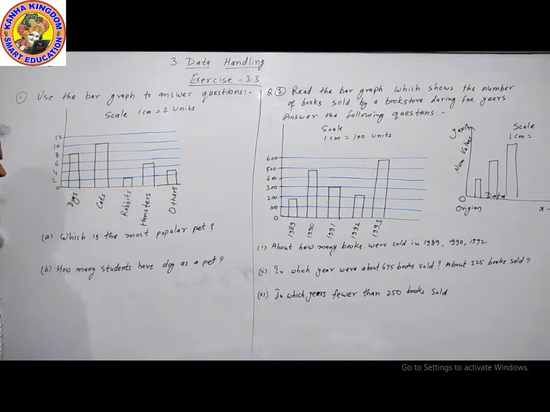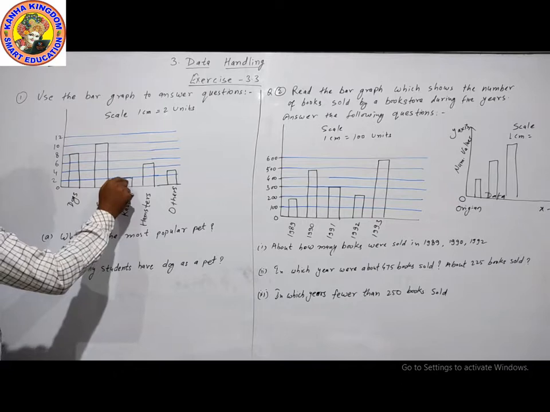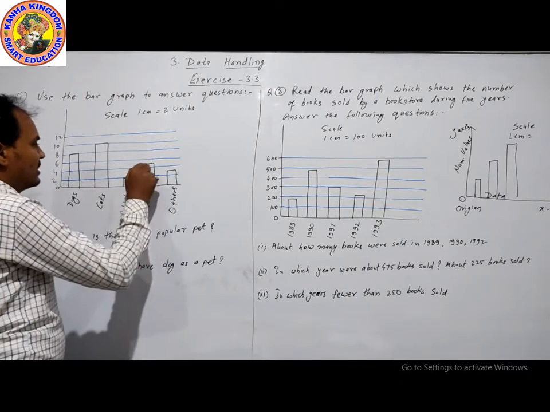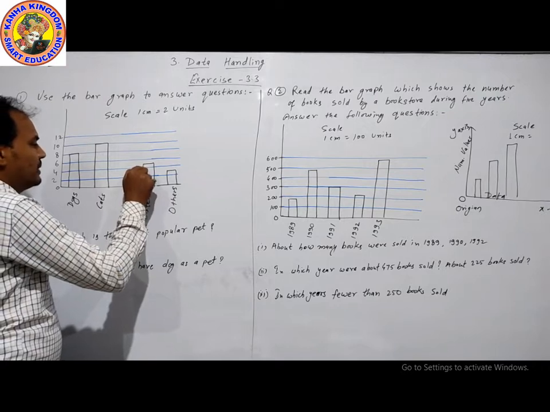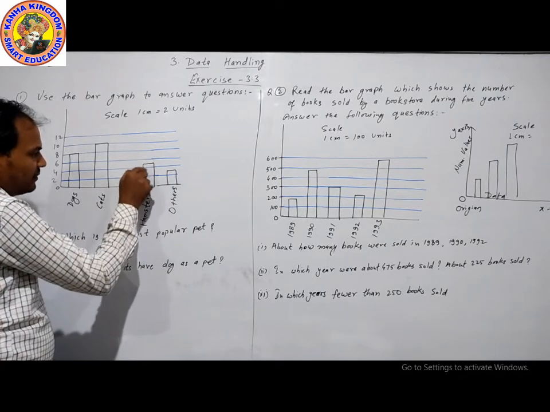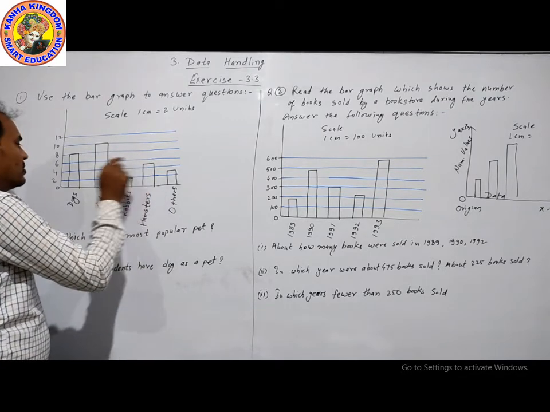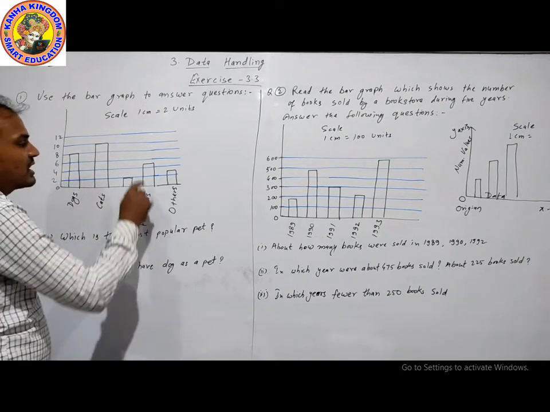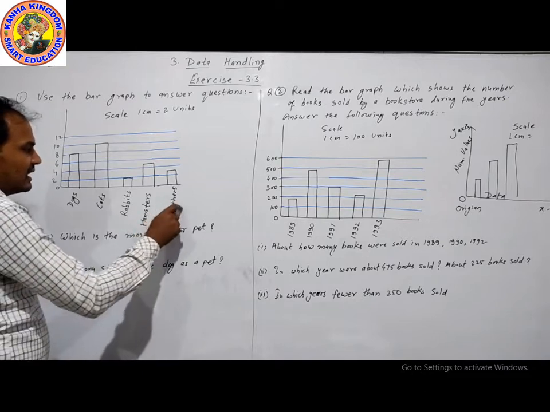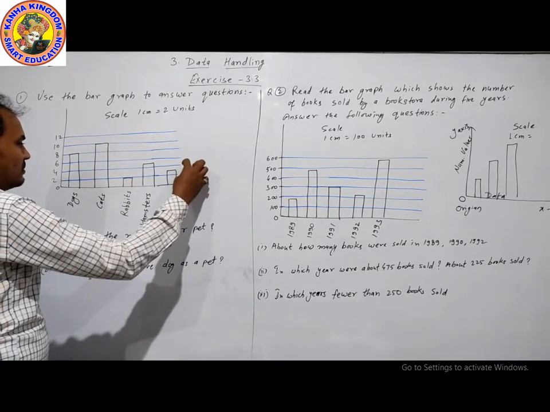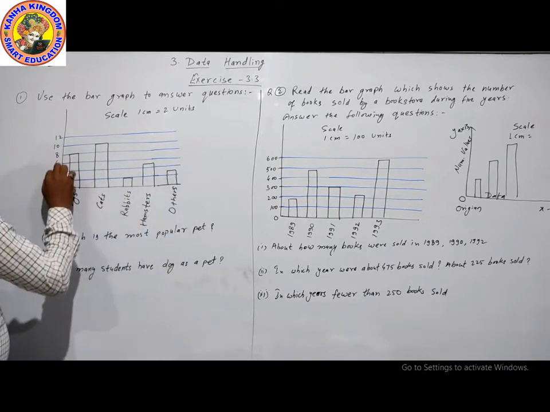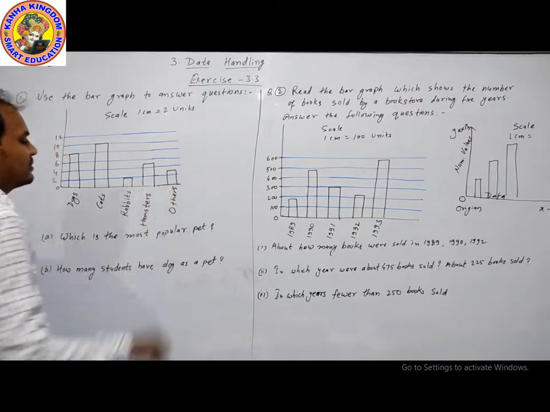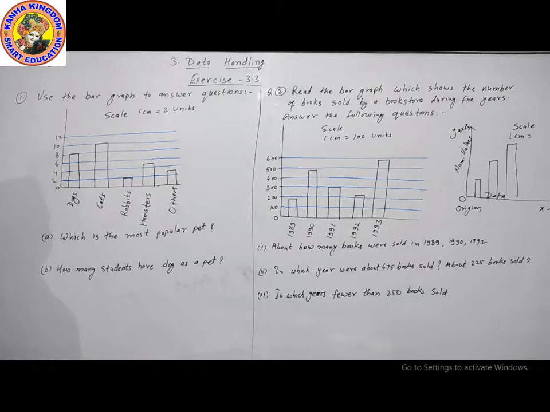So cats are 10. Rabbits here means 2. Rabbits are 2. Hamster is between 4 and 6, the middle part of 4 and 6 is 5. So hamsters are 5. Others are between 2 and 4, there is 3. So other pets are 3.